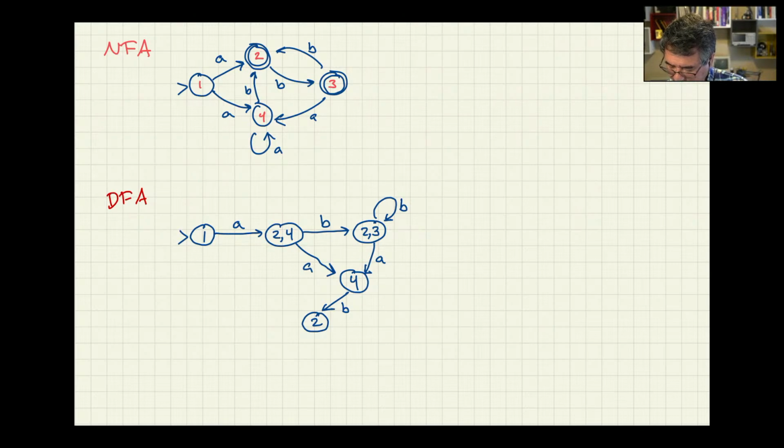And the A out of 4 just takes us back to ourself. And then out of state number 2, I see only a B, and that only takes us to 3. So yet again, another new state.